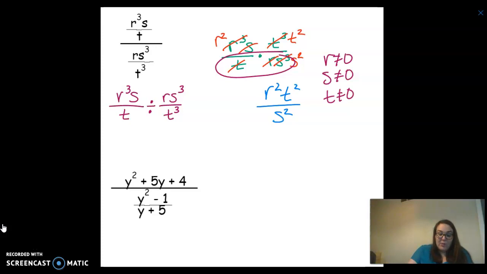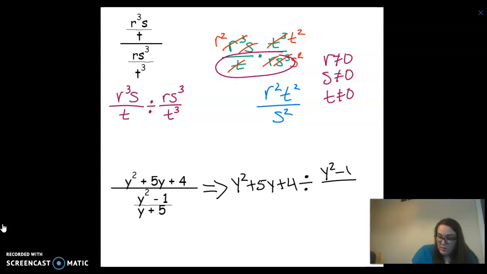So here's this complex fraction. Now this one, I have that y squared plus 5y plus 4. That's the only part of the numerator. It is being divided by y squared minus 1 divided by y plus 5.